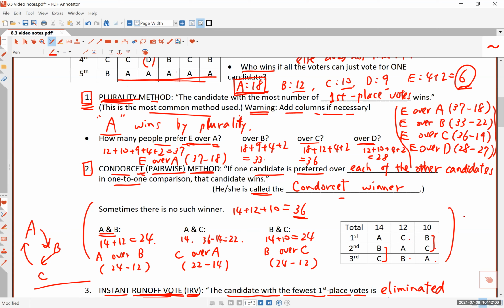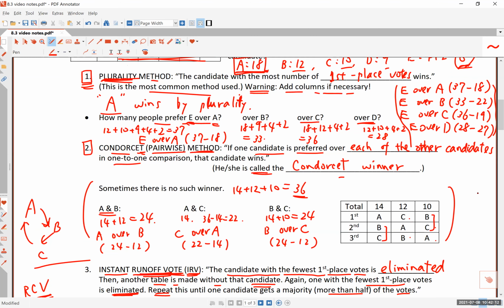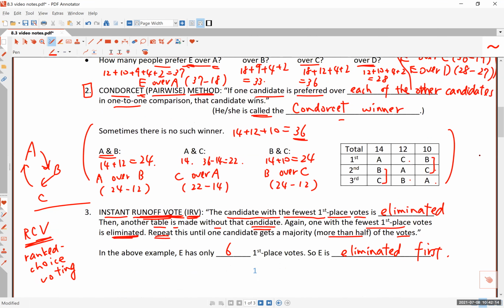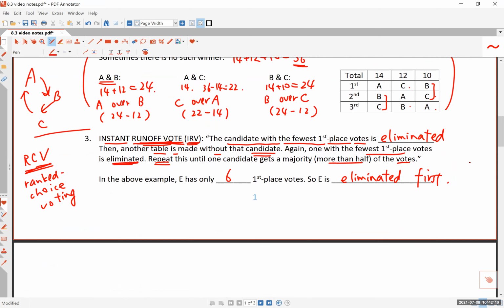In the pairwise comparison, E beats each of the other candidates, but in the instant runoff, because E had the fewest first place votes, 6 votes, E gets eliminated first.